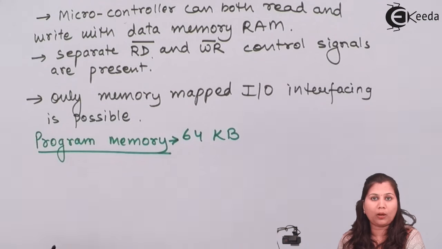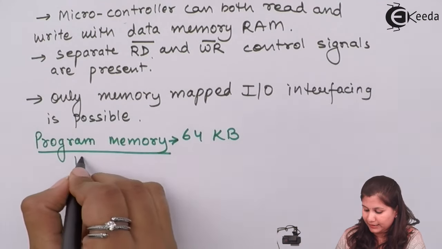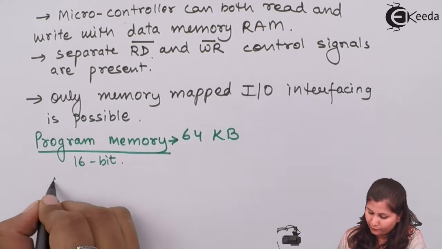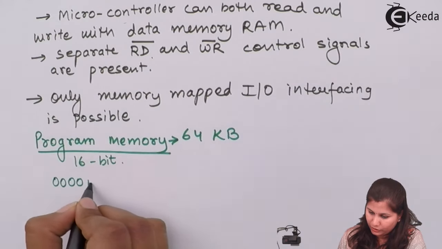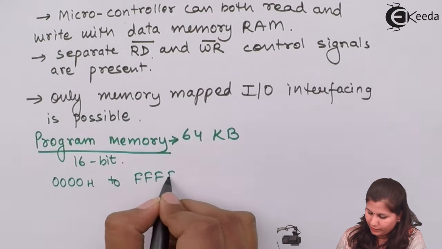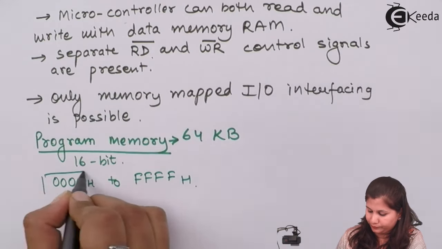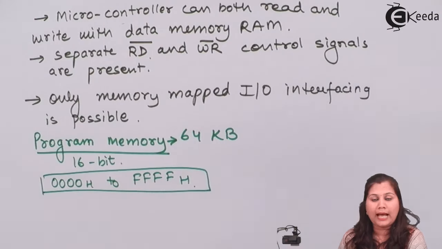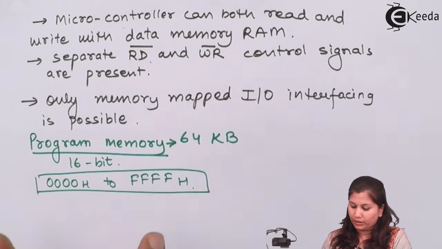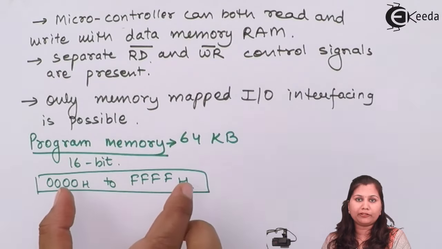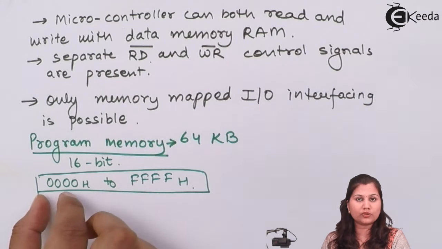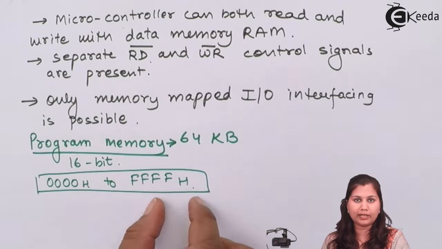The addresses will be 16-bit addresses, and they will start from 0000H to FFFFH. We have already studied that to address this complete 64 kilobytes of memory, we have the address range from 0000 to FFFFH.